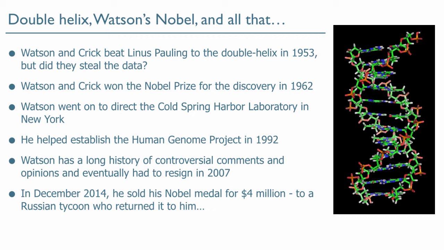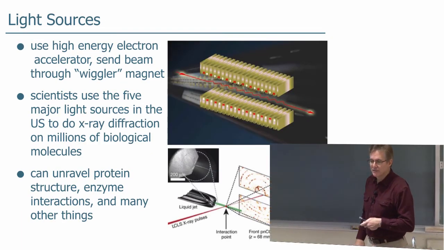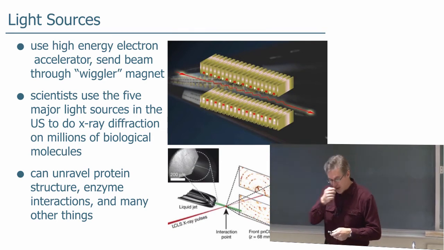Crick had died some years ago. His family sold his medal too. I think it's kind of bizarre to sell your Nobel Prize, but okay. Every dot on this list is a book that could be written, and in a number of cases has. I urge you to go read about it for your own cultural knowledge. But anyway, that has nothing to do with physics. This does, however, and biology.